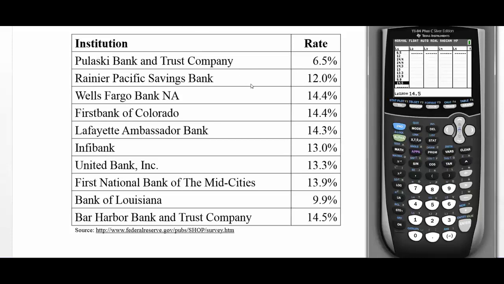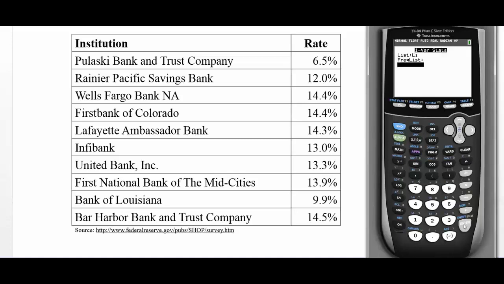Okay, so once we've got the numbers typed in, we're going to go back to the home screen, go over to stat, and we want calc. Well, one var stat from there, which is what I meant by we've seen this before.